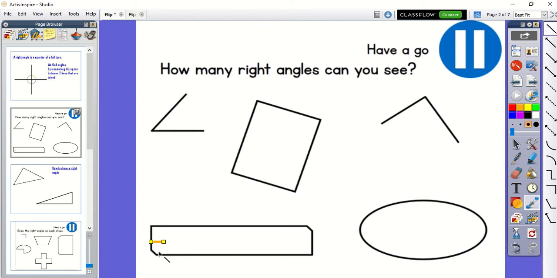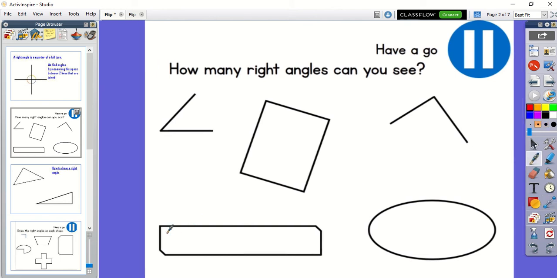Okay, because it's got that little gap there. But I have got one here. So I've got, let me use my pen for this, actually it's probably easier. I've got one right angle. This one's the same, it's got that extra line, which means that is not a right angle. We'll explain more about that later. And this is a right angle. Okay? So have a go now and see if you can find right angles in any of these other shapes.